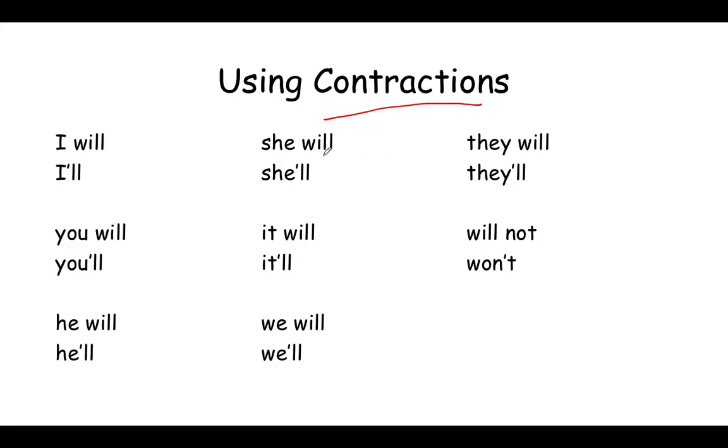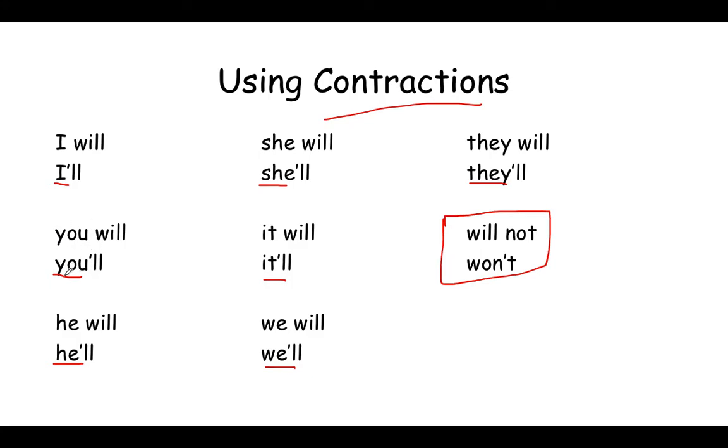So the key to pronouncing all of these other ones: this one you only use if you're using the negative. But if you're using these, the key to pronouncing them is pronouncing the first part, like you, I, he, she, it'll, we'll, they'll, just the way you would say it if it was one word.